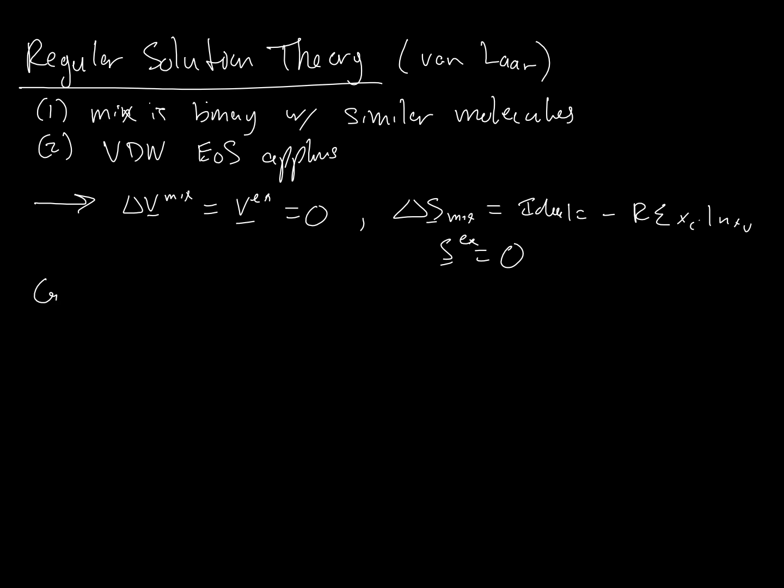So with these approximations, the excess Gibbs free energy, which is really all we care about in terms of phase behavior, is equal to the excess U, plus excess PV, minus TS, which means that it all simplifies down to just the excess U. The PV term goes to 0, and the TS term goes to 0.